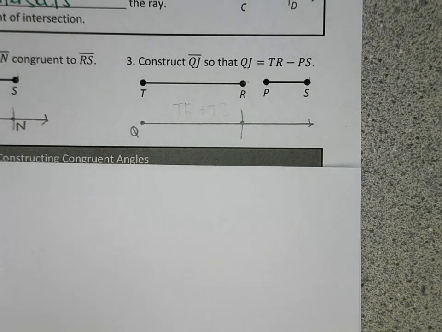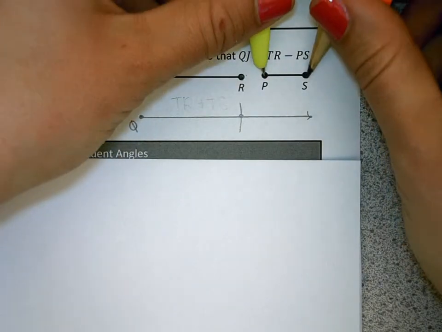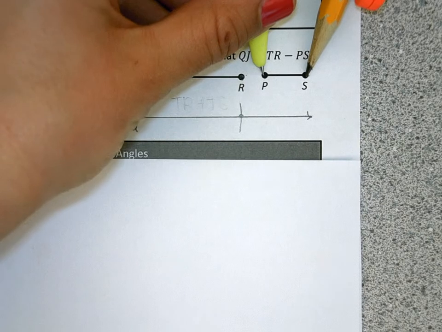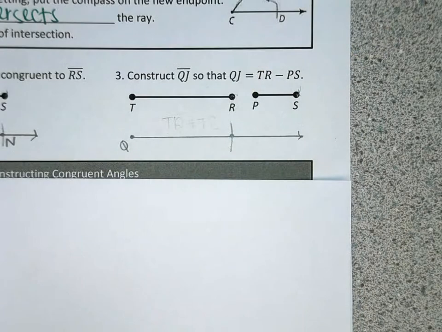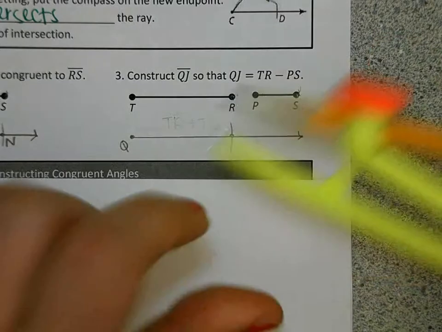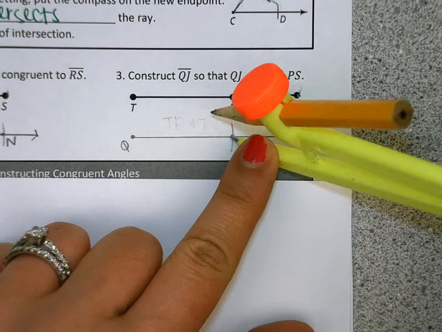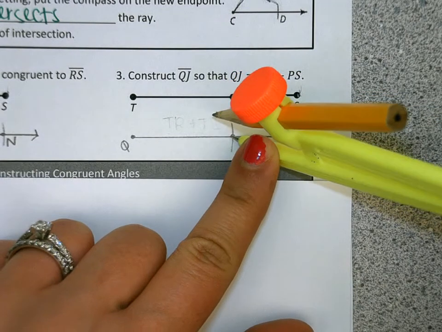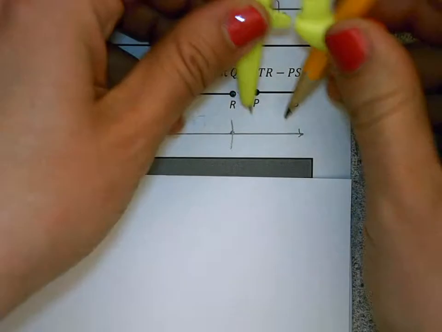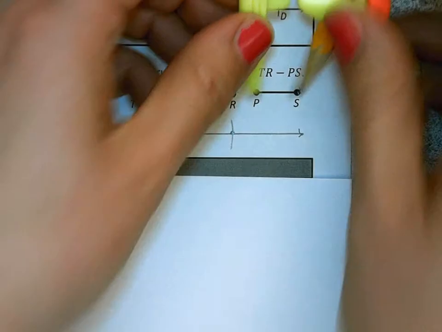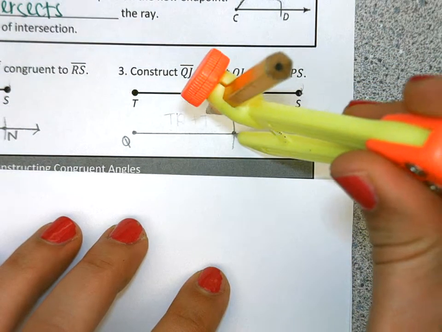Then we need to take away the length of PS. So let's measure PS. I'm going to flip my compass around and put the endpoint on the intersection that we had just made, and draw an arc going the other way.